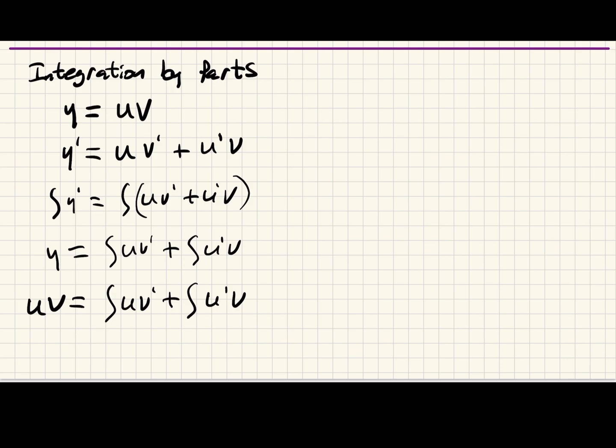I could subtract this u prime v from both sides. Let's do that. So what would I have? I'd have integral u v prime is equal to u v minus integral u prime v.